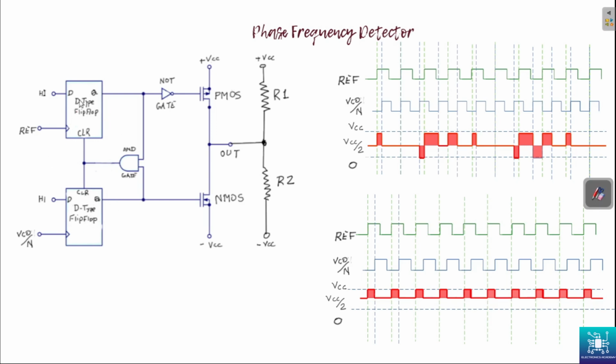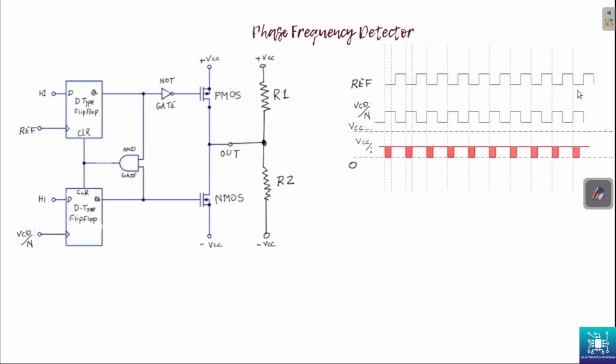This is an AND gate, this is a NOT gate, this is a PMOS, and this is an NMOS transistor. The output is connected to a voltage divider, to keep it at voltage VCC by 2.